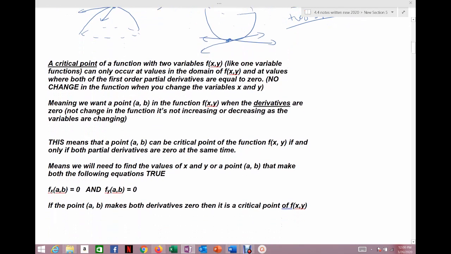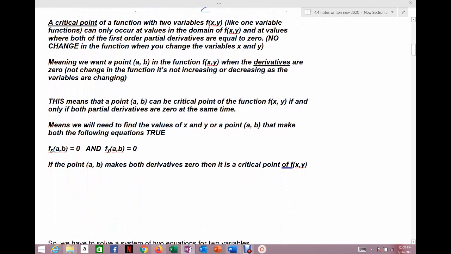Alright, so the definition: a critical point of a function with 2 variables, like the one variable function, can only occur at values in the domain, and these are at the values where both first order derivatives are equal to 0. So both of my derivatives are equal to 0. Right? There's no change in the function with respect to either variable.